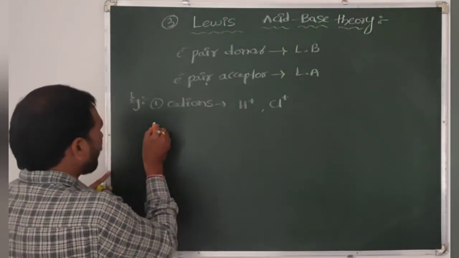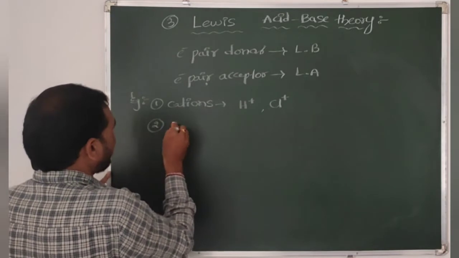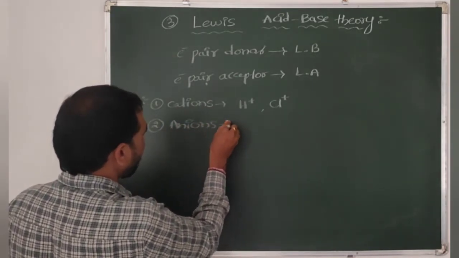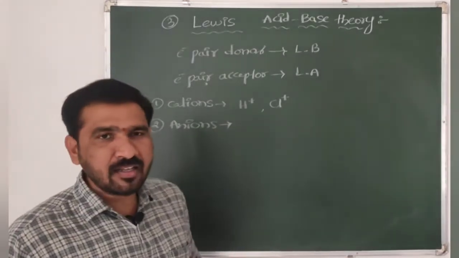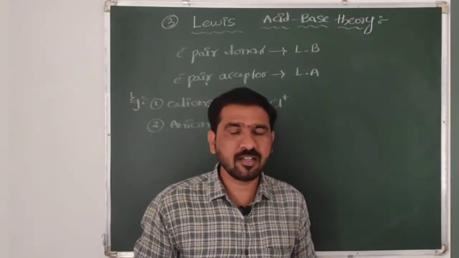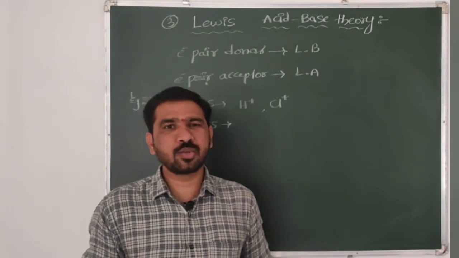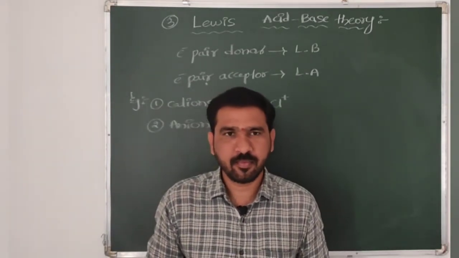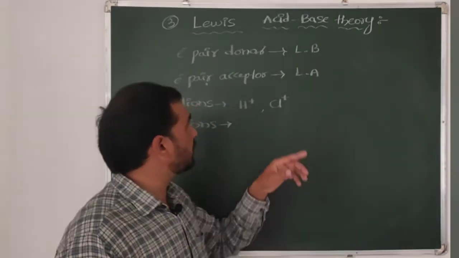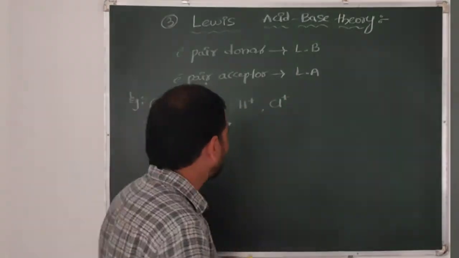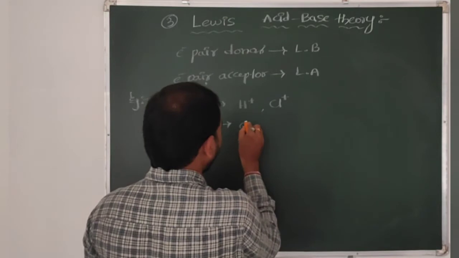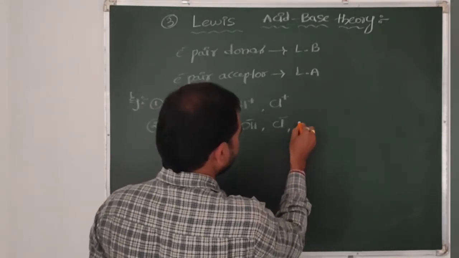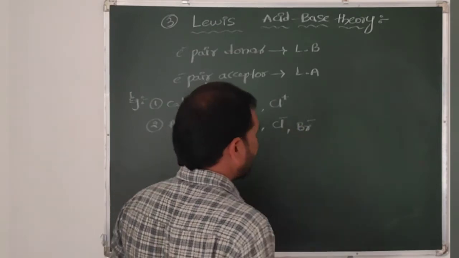Then coming to anions. Generally anions have an excess pair of electrons, and they try to donate the electron pair to an acceptor. Those are examples of Lewis bases. So here, OH minus, Cl minus, Br minus, like that.